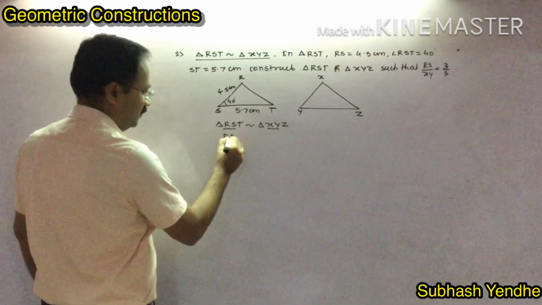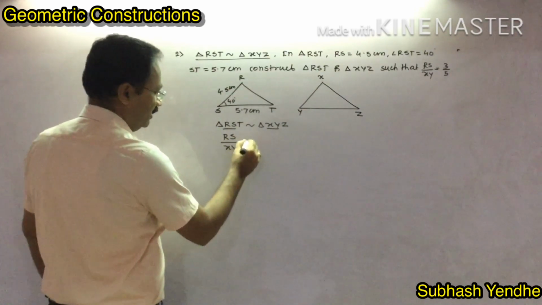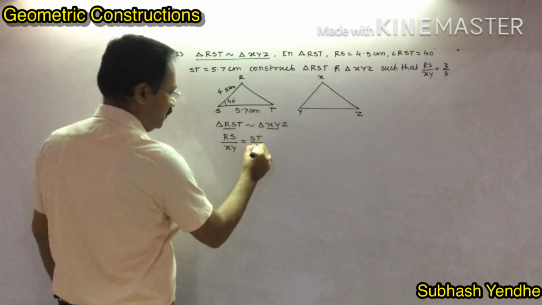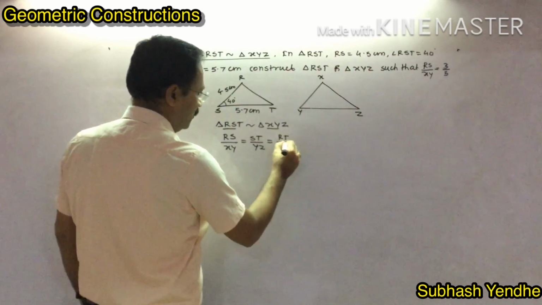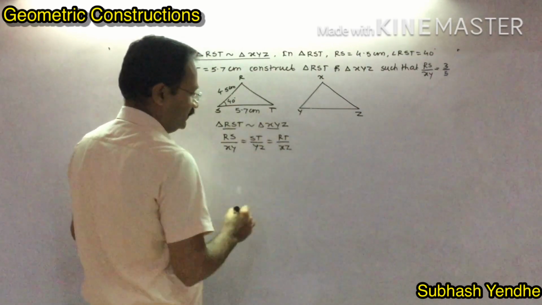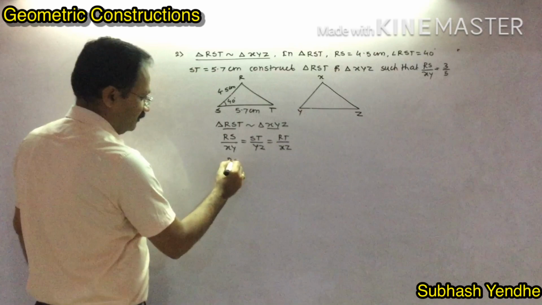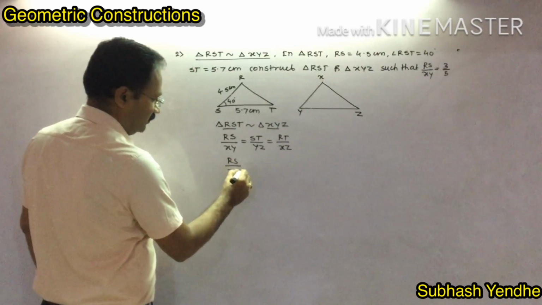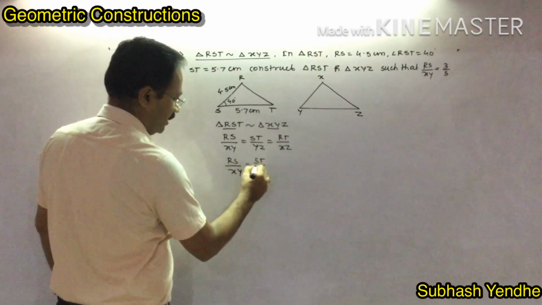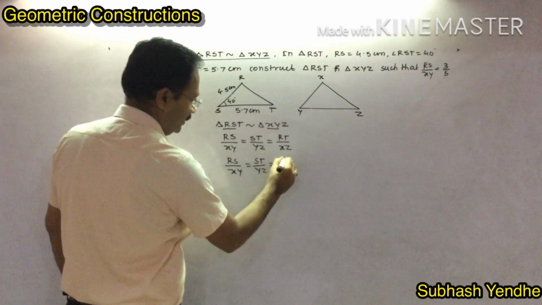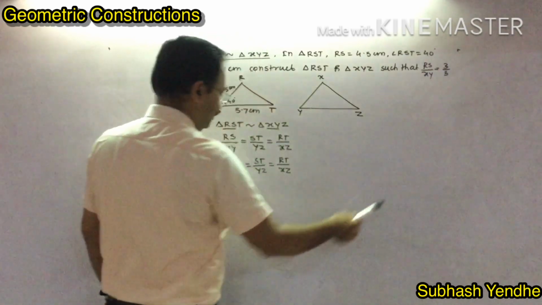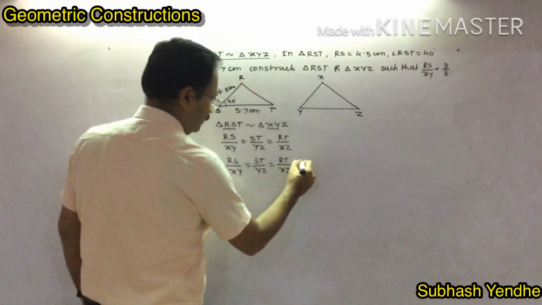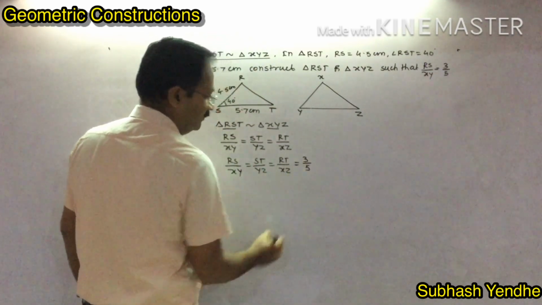RS upon XY equals ST upon YZ equals RT upon XZ. And the ratio is given, 3 upon 5. So here I am going to write 3 upon 5.